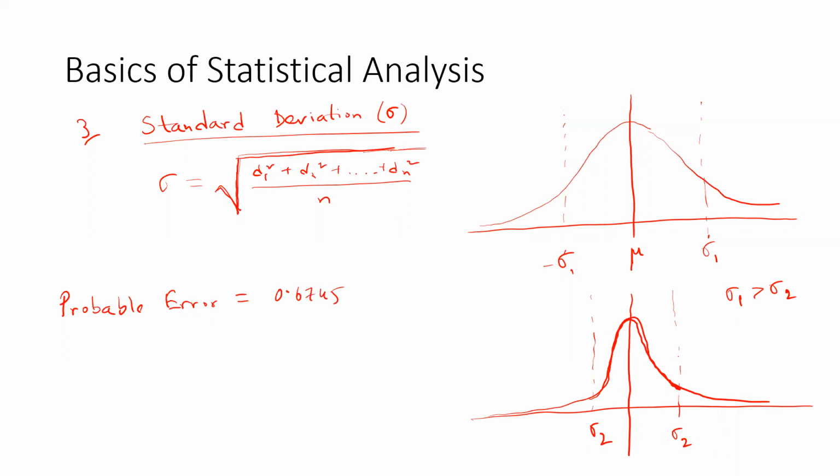Okay, let me just check whether this constant is correct or not. Yes, it is right. So 0.6745 into sigma. So using this simple formula, you can multiply your standard deviation with this constant term, and if your data set is normally distributed, you can suggest the probable error present in the data set.